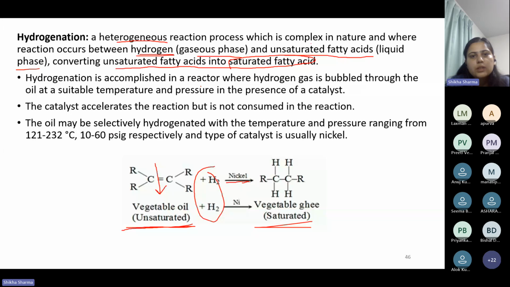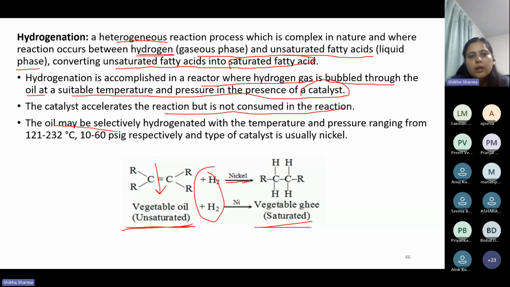Hydrogenation is accomplished in a reactor where hydrogen gas is bubbled through the oil at a suitable temperature and pressure in the presence of the catalyst. A catalyst accelerates the reaction but doesn't get consumed in it.